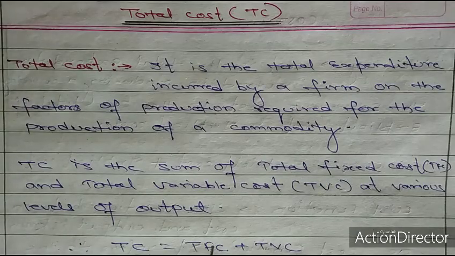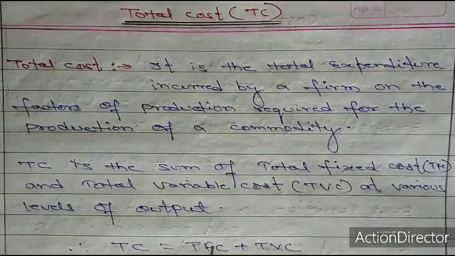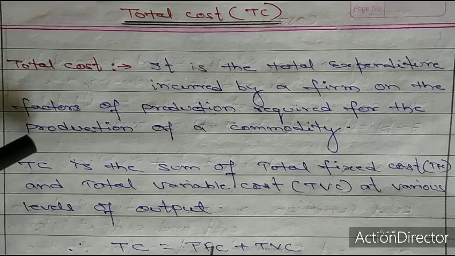So let us see on the screen, we will have a discussion and then we will understand it clearly. Total cost is the total expenditure incurred by a firm on the factors of production required for the production of a commodity. If you want to calculate total cost, you have to calculate total fixed cost and total variable cost.